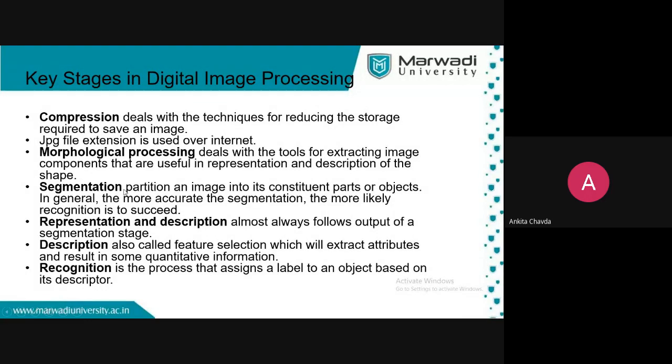Then segmentation. Segmentation here means partitioning an image into its constituent parts or objects. In general, the more accurate the segmentation, the more likely recognition is to succeed. Representation and description almost always follow the output of the segmentation stage. After segmentation, always comes representation and description. That is also called feature selection, which will extract the attributes and result in some quantitative information.